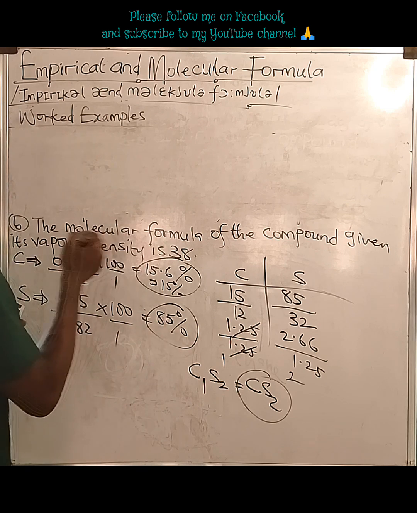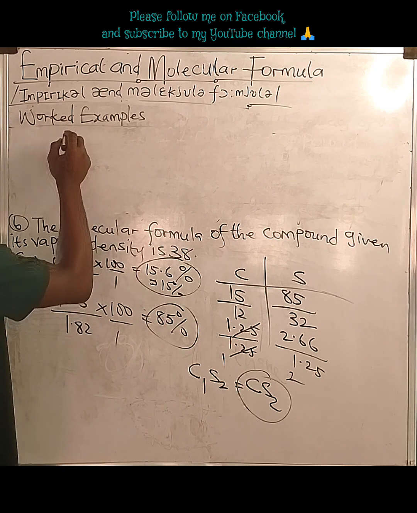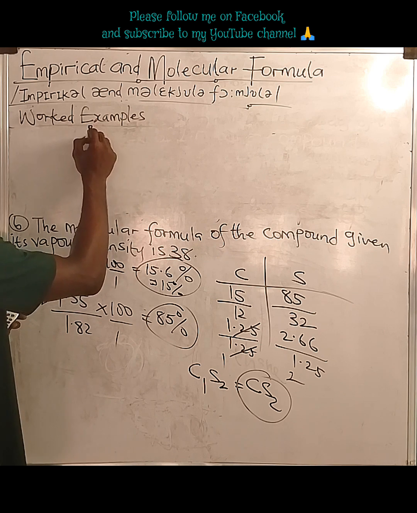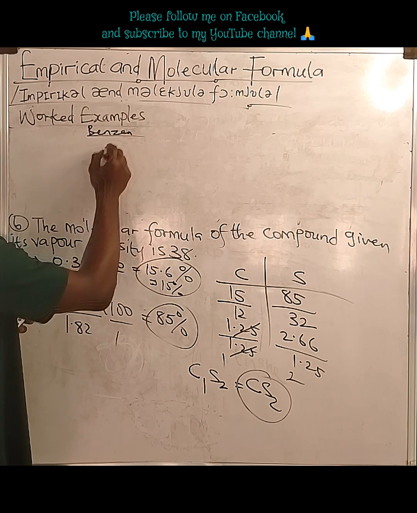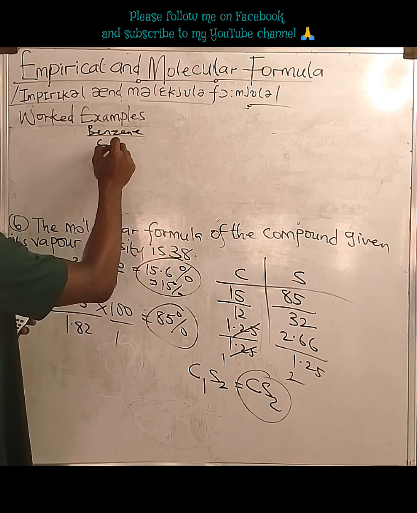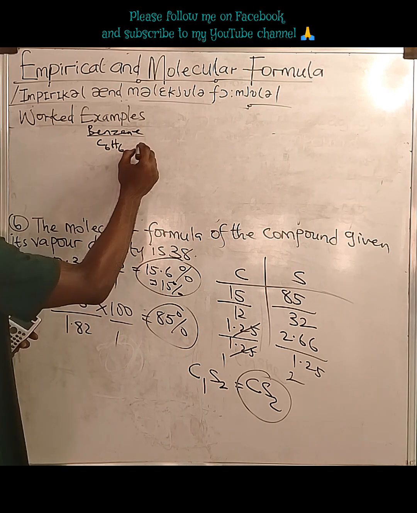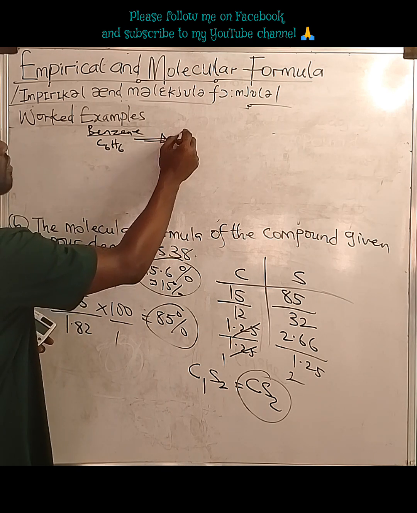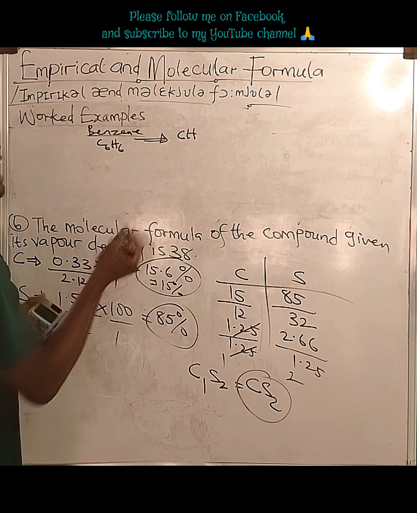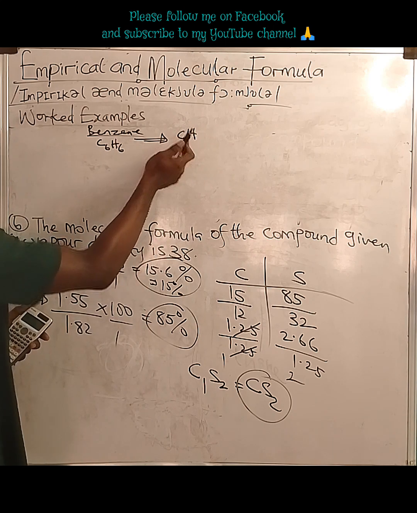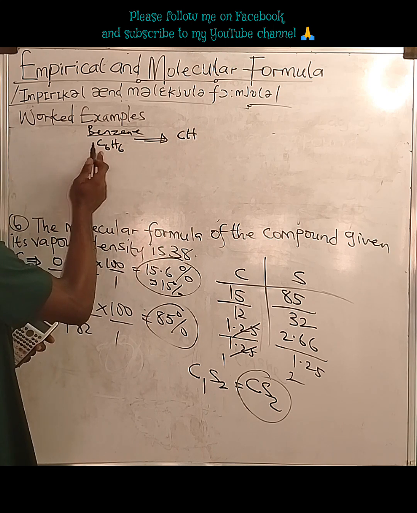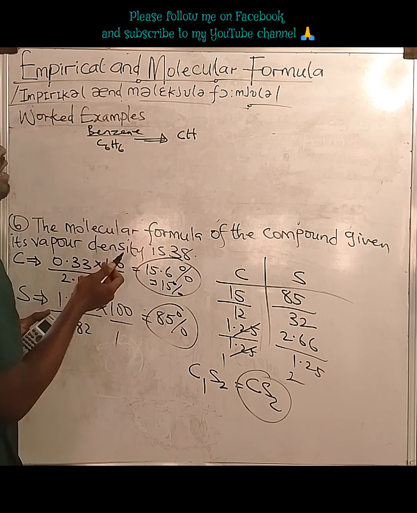If you don't forget, you have samples like this. Let's say benzene, for example. Benzene is C6H6. This is the molecular formula for benzene. By the time you simplify it, you get the empirical formula of CH. So how do we get the molecular formula C6H6 from this empirical formula CH?